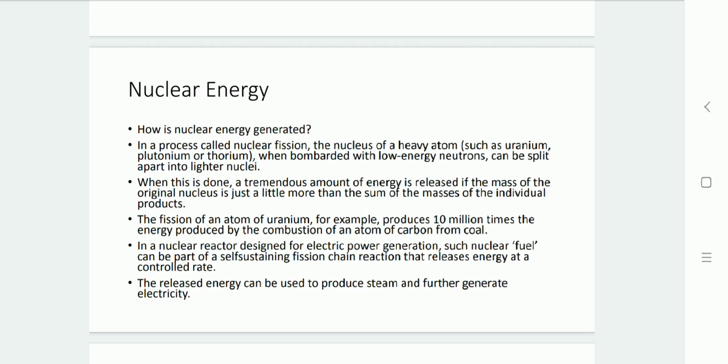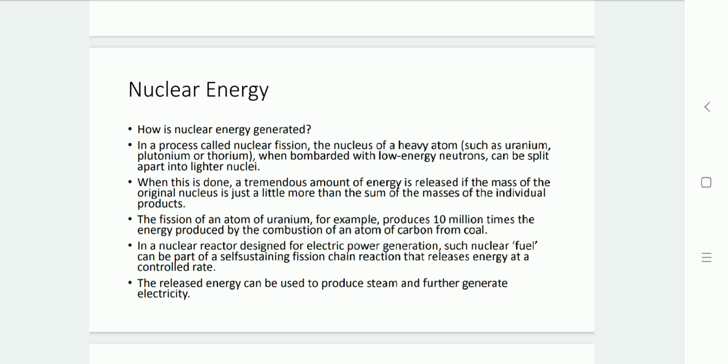During this bombarding of the atoms, nuclear fission is performed with heavy atoms. For that, we generally use uranium, plutonium, or thorium. This energy is known as nuclear energy. A large amount of energy is released by this process if the mass of the original nucleus is just a little more than the sum of the masses of the individual products.